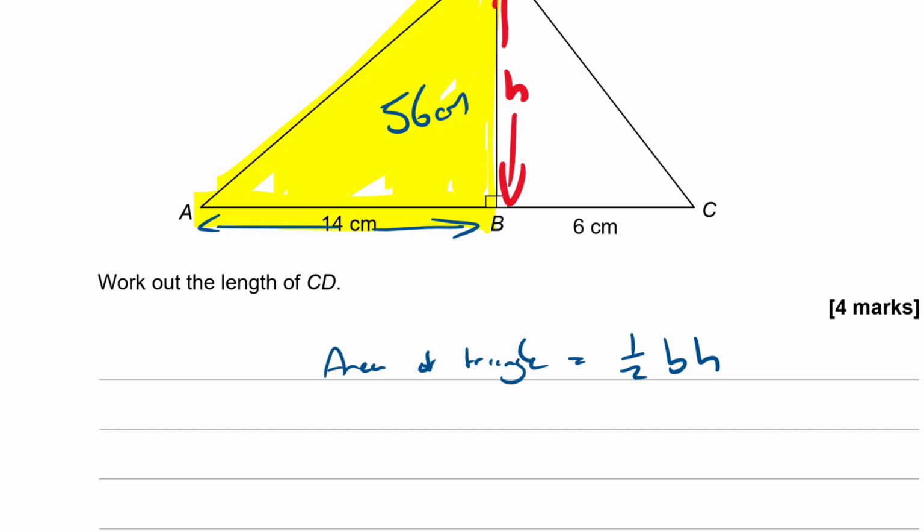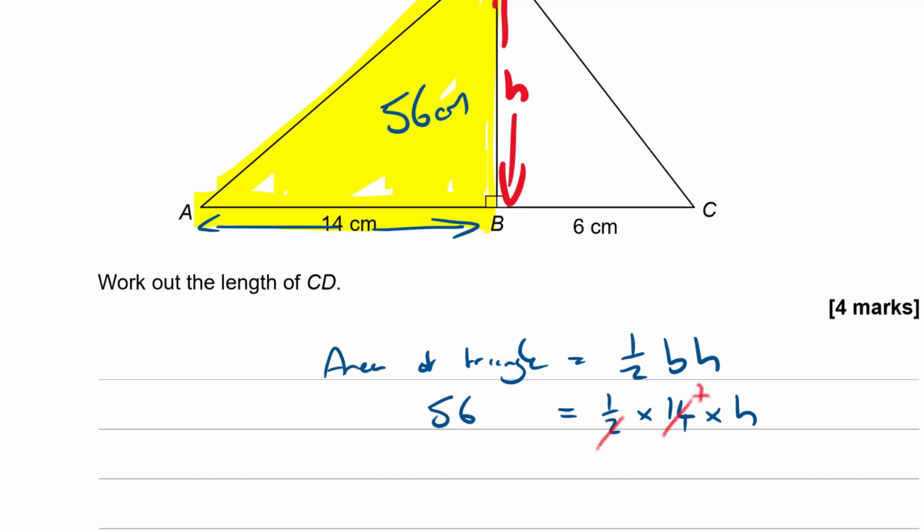So, then my area of my triangle, which I already know is 56, is going to be a half times my base, which is 14, times my value of h, which I'm actually trying to find. Okay? Right, what can we do with this then? So, half of 14, that's 7, isn't it?